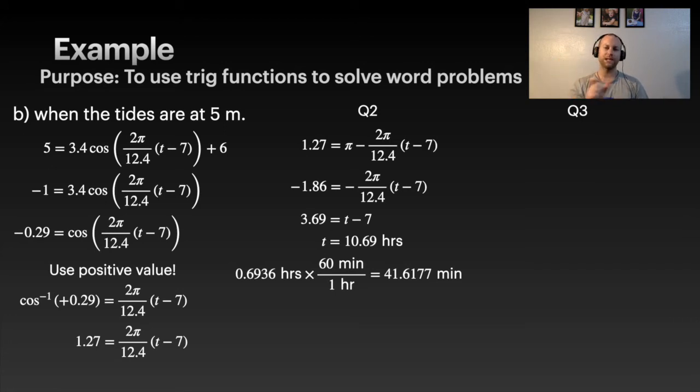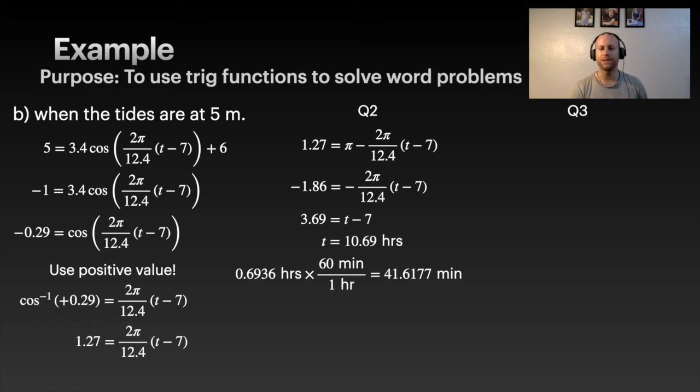So I take the decimal part, 0.69, and I turn this into minutes by timesing it by 60 minutes over 1 hour. This gives us 41.6177 minutes. I'm going to take the whole number. So we've got 10 hours. We've got 41 minutes. Now we need the seconds.